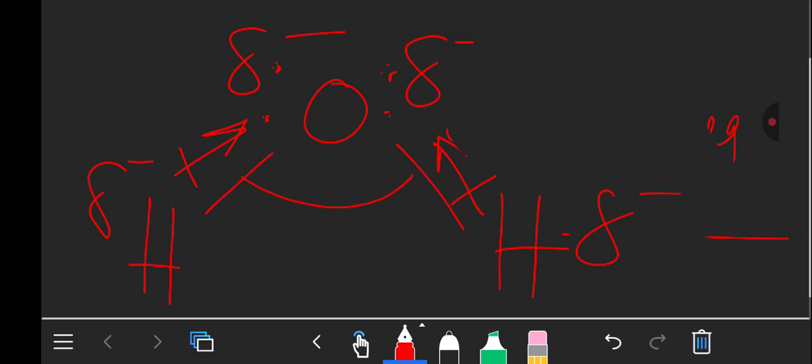And there's an angle between the oxygen atom and the two hydrogen atoms, and that angle is equal to 104.5 degrees. So if they ask you what's the angle between the oxygen and the two hydrogen atoms, the angle is 104.5 degrees.